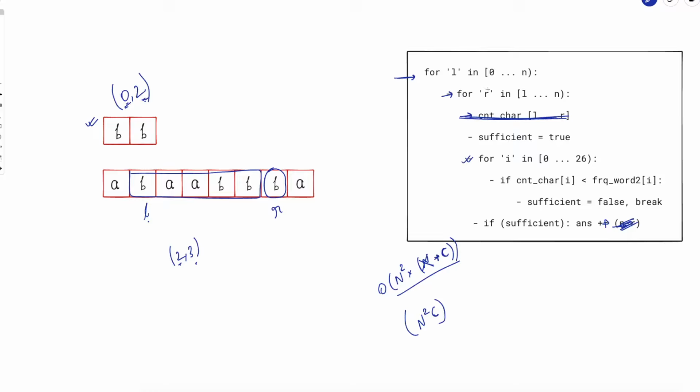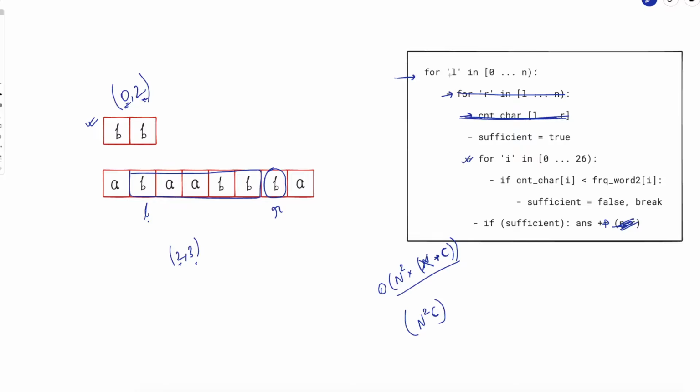Basically, it means that you are iterating over every ending position, but somehow you are figuring out how many starting positions are valid if you remove L. But if you remove R, it's almost similar. You are trying out every possible starting position, and for each starting position, you are trying to figure out how many ending positions are valid without actually iterating over them.